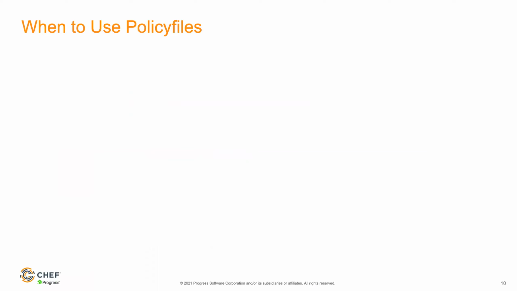So the first question that we'll look at is when exactly to use policy files. Obviously, you have definitely come across a situation wherein dependencies of cookbooks are a huge pain, and it just gets worse with the increasing number of cookbooks that you keep using.